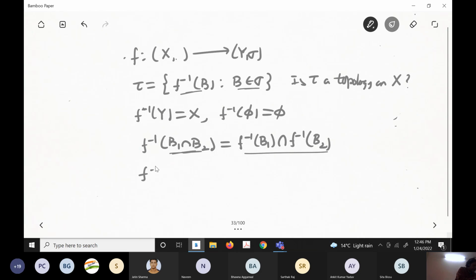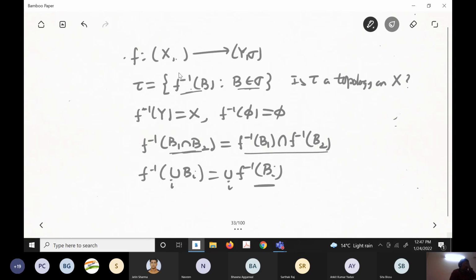And f inverse of the union of Bi, whatever family you take: if each Bi belongs to sigma, the union also belongs to sigma. So by this definition, this belongs to tau. So this will be a topology. And obviously this is the smallest topology on X which makes f continuous.